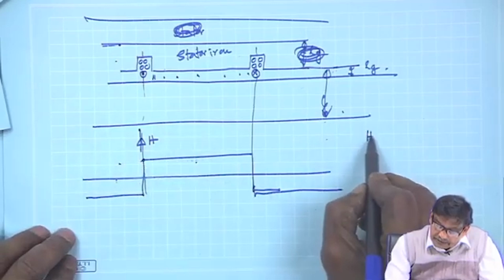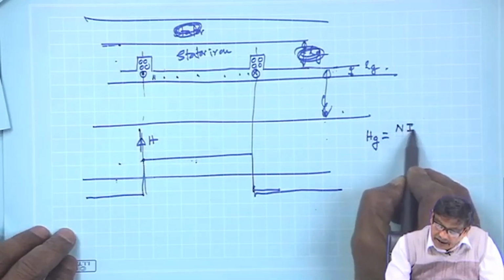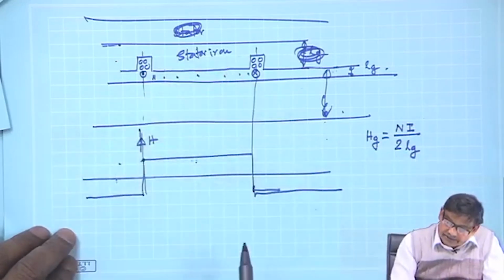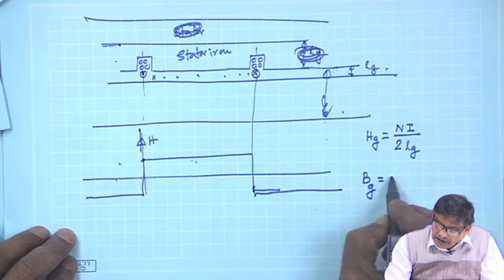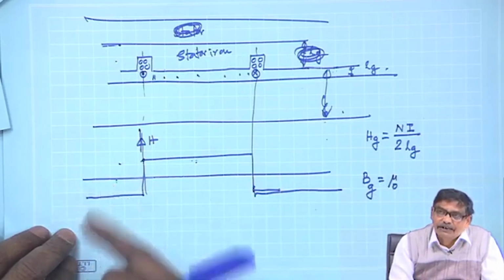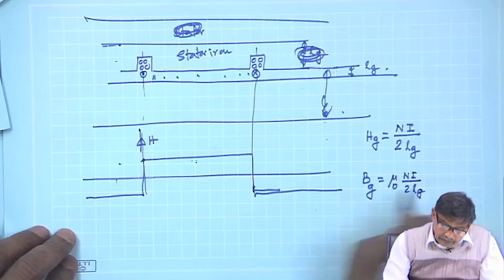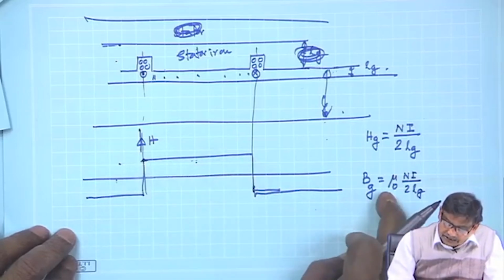So, Hg will be equal to N I by twice Lg. There are two air gaps in series, and then I say Bg will be equal to mu 0 times that. In the air gap, I want to find out the flux density. So, this will be mu 0 N I by 2 Lg. So, this is the shape of H, multiply it with mu 0.